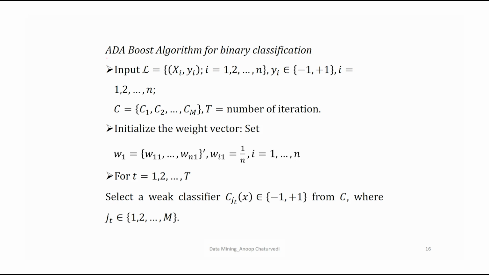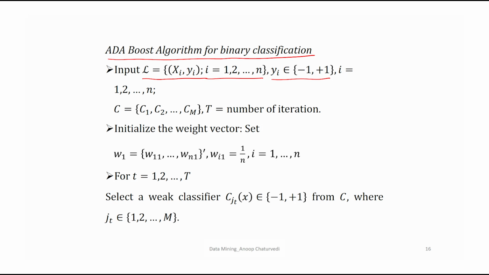Now, we consider the AdaBoost algorithm for binary classification. Suppose this is the learning set L equal to {(xi, yi), i equal to 1 to n}, and yi takes value -1 or +1 for all i equal to 1 to n.